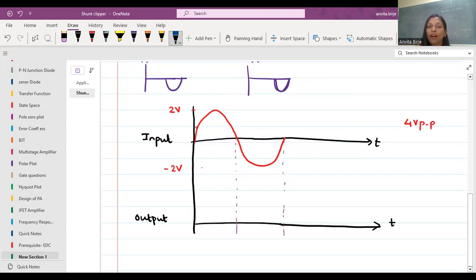During the positive half cycle, first I'm plotting for the ideal diode. Ideally, when it is the positive cycle, it acts as a short circuit and my output is equal to 0. So I'll get 0 output, a straight line. And at the negative cycle, we'll get the same signal.